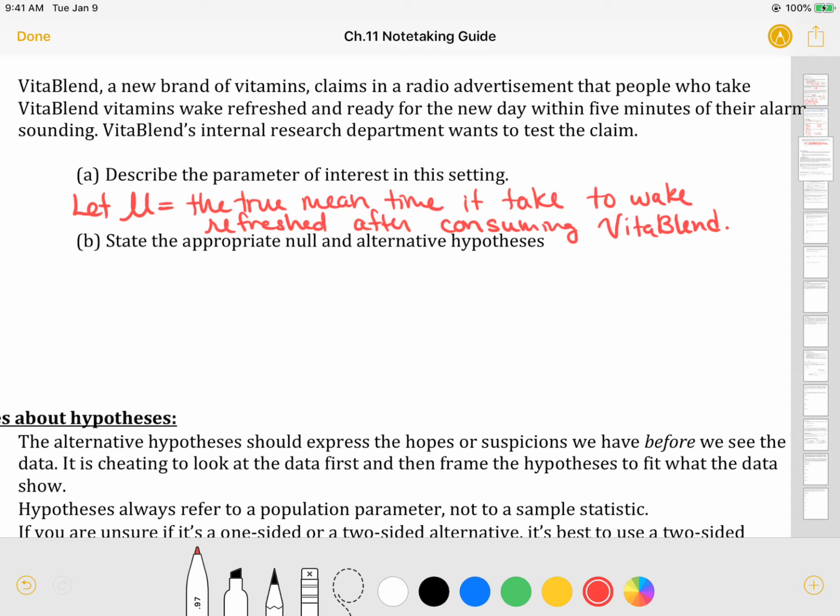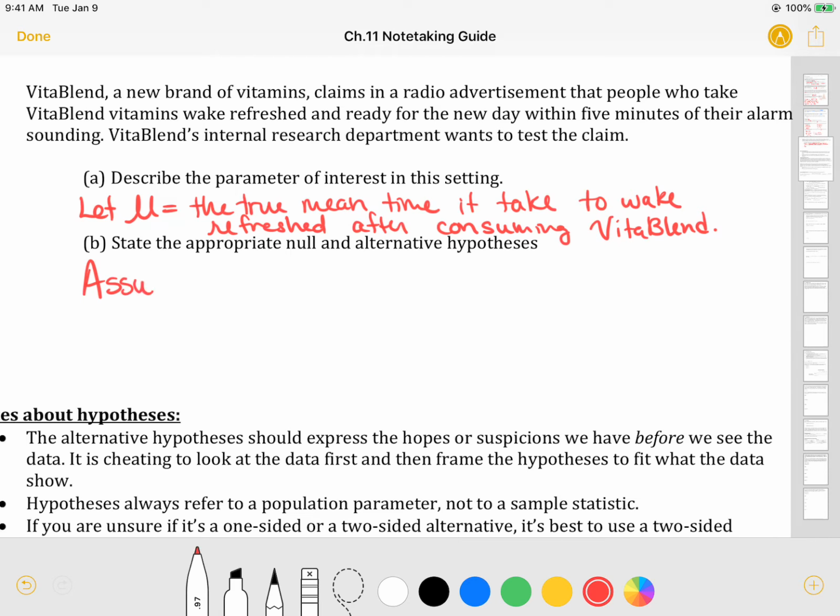If it's false, then they would wake in more than 5 minutes, right? So our assumption is that it takes them longer to wake up.